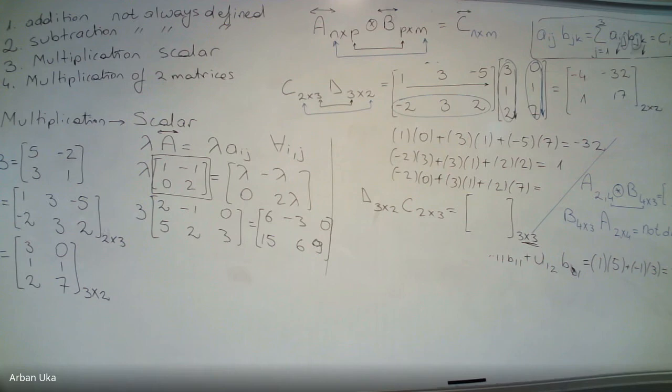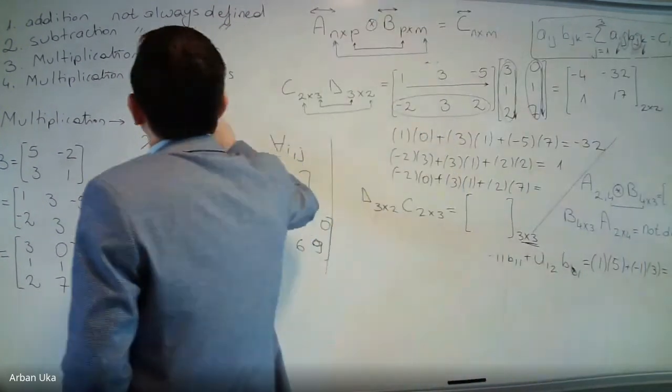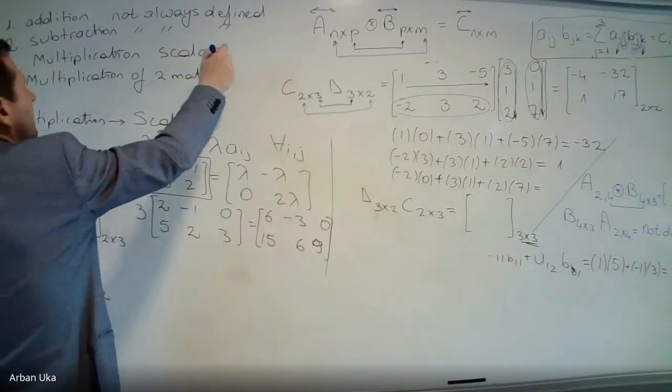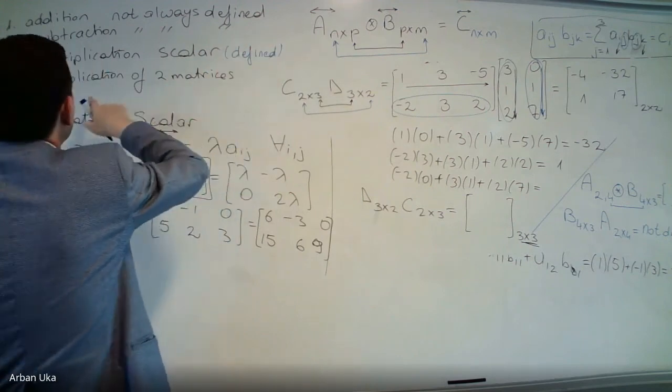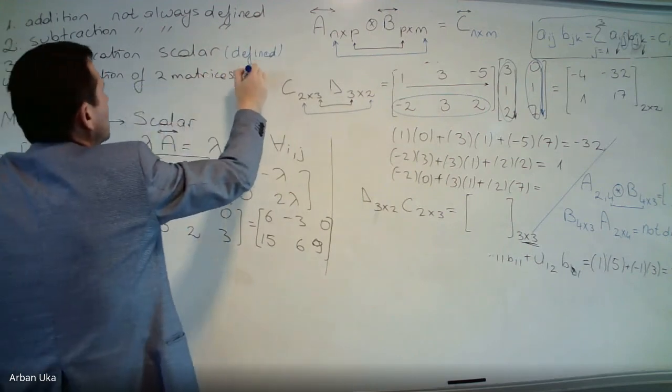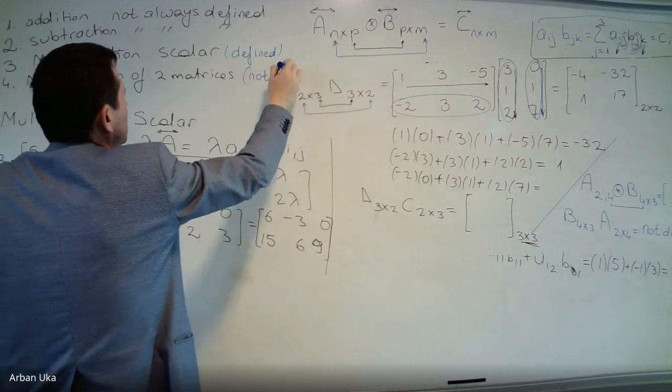We have 8 times 1 plus 5 times 2 plus 3 times a missing element here, so that's why we simply say that it's not defined. So addition is always defined, while multiplication of two matrices is not always defined.